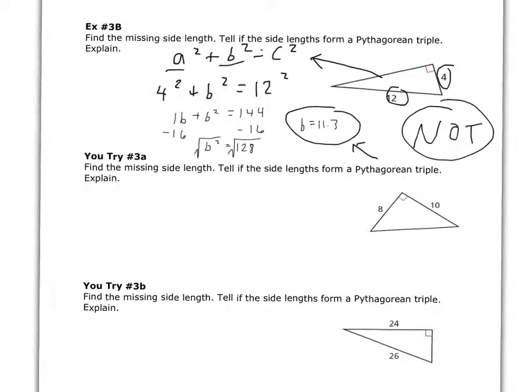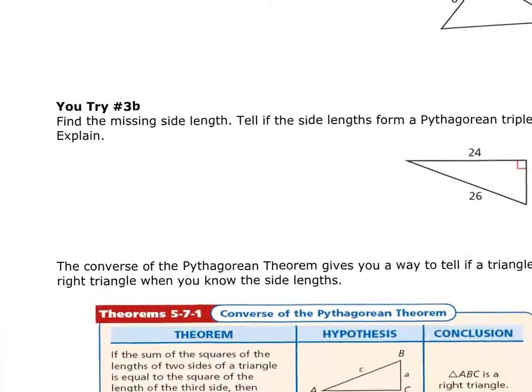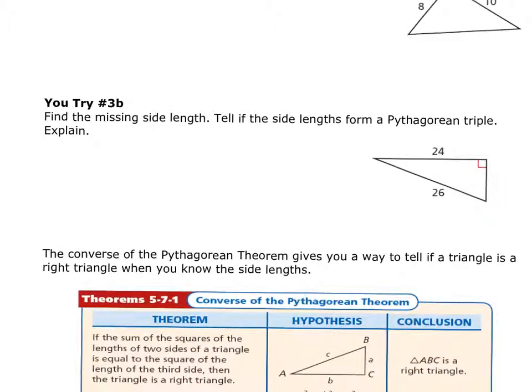Okay, let's try one more of those. Let's do 3b. Okay, so let's go ahead and plug in our numbers into our a squared plus b squared equals c squared. So we have a hypotenuse. We know that goes in the c. And we have one leg, and we can throw that in our a.